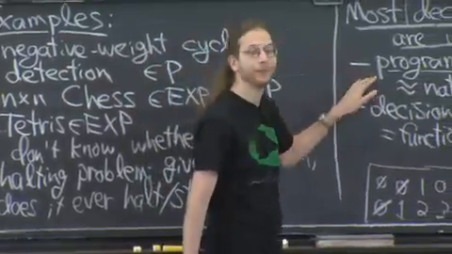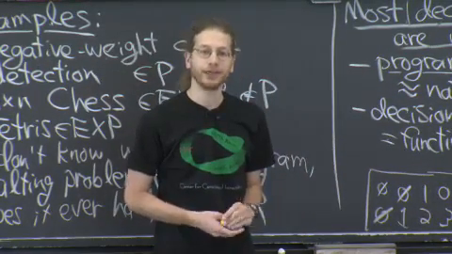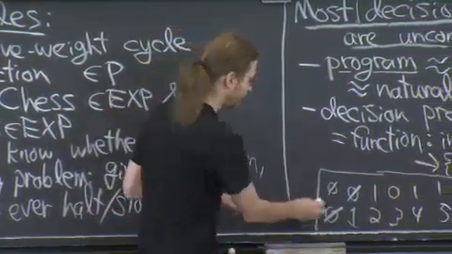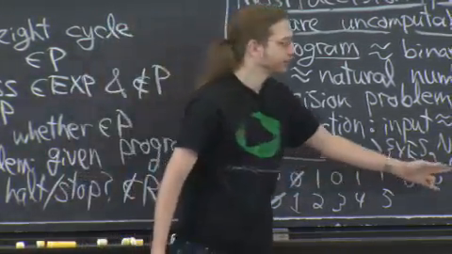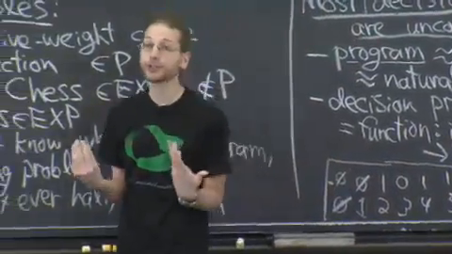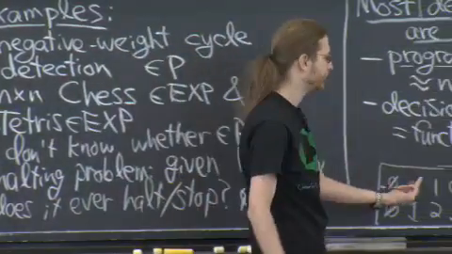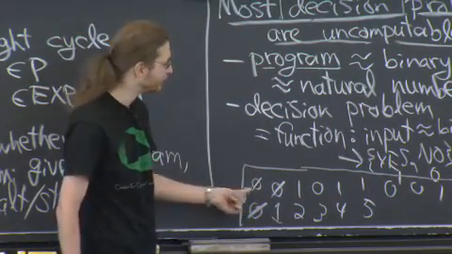A program is a finite string of bits. These are different things. One way to see that they're different is to put a decimal point here. Now this infinite string of bits is a real number between 0 and 1. It's written in binary. You may not be used to a binary point. This dot is not a decimal point, it's a binary point.